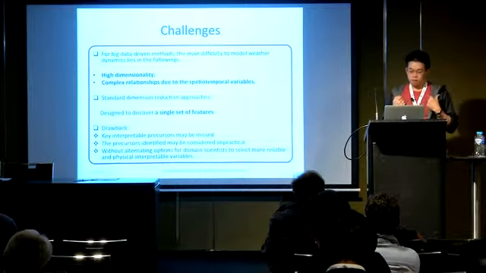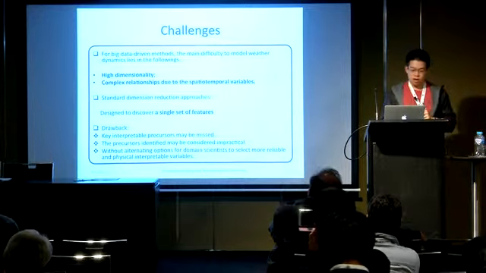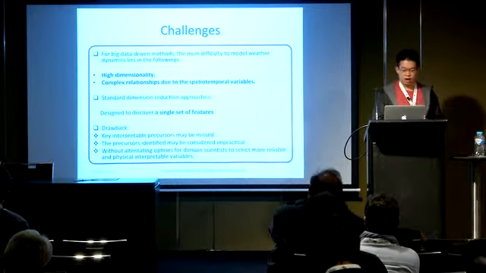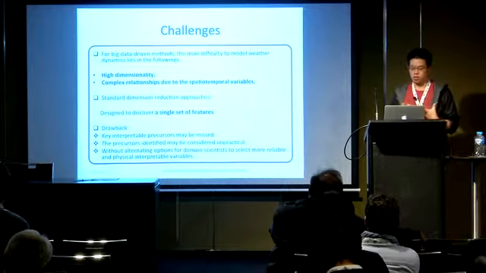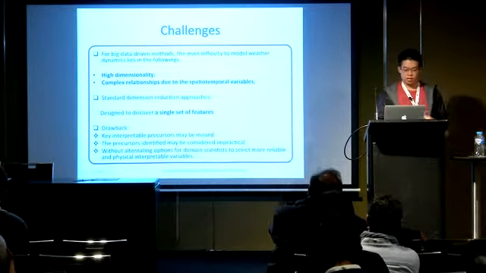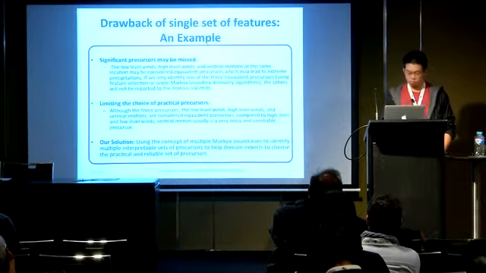There are several drawbacks to current methods: interpretable precursors may be missed, and precursors identified could also be impractical, without alternative options for domain scientists to select more reliable and physically interpretable variables.